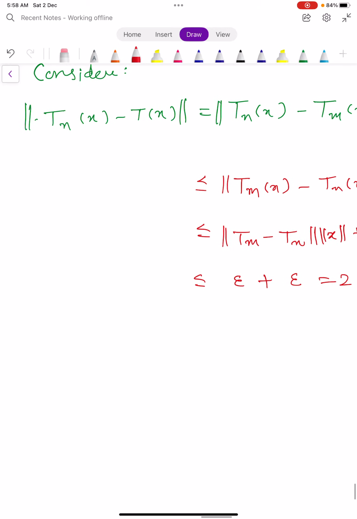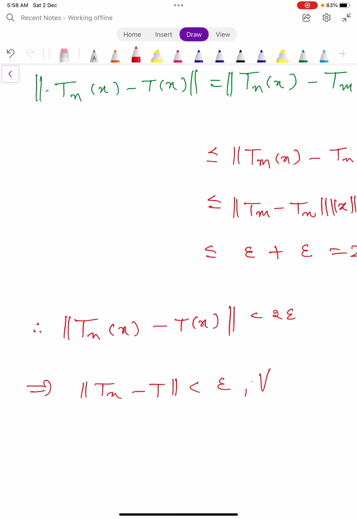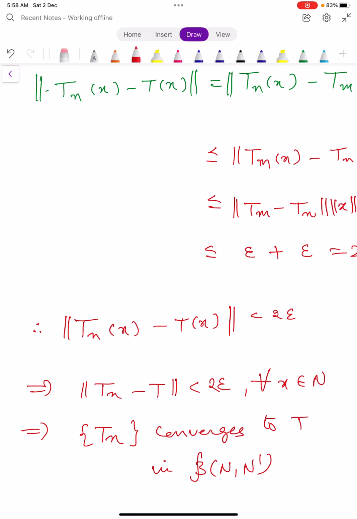This shows us norm Tn of x minus T of x is less than a positive real number 2 epsilon. So this condition implies norm Tn minus T is less than epsilon, or 2 epsilon, for all x belongs to capital N. Thus the sequence Tn converges to capital T in script B of N comma N dash.